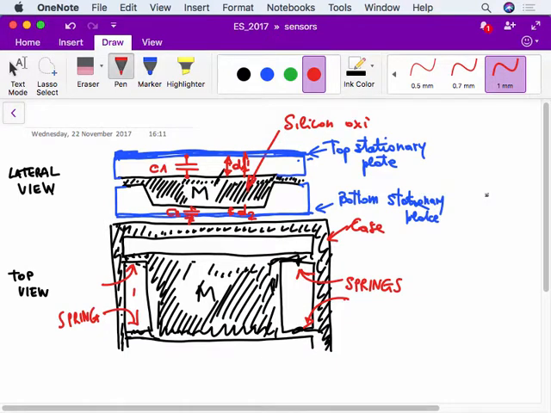that C1 is proportional to 1 over D1, C2 is proportional to 1 over D2.